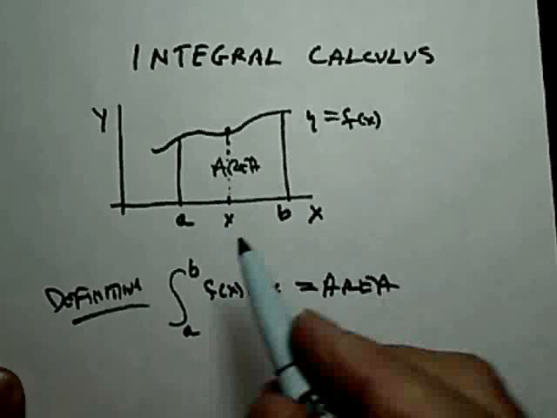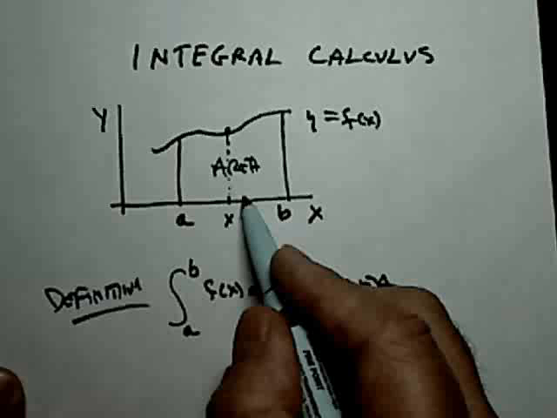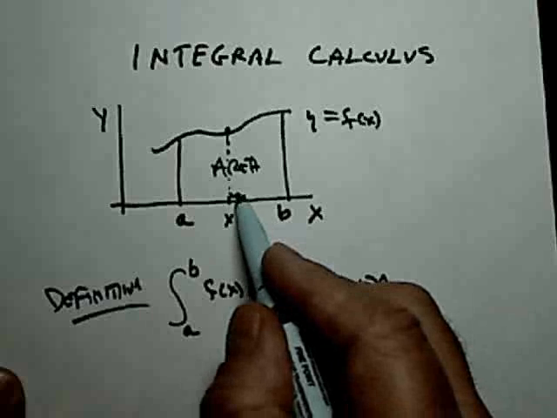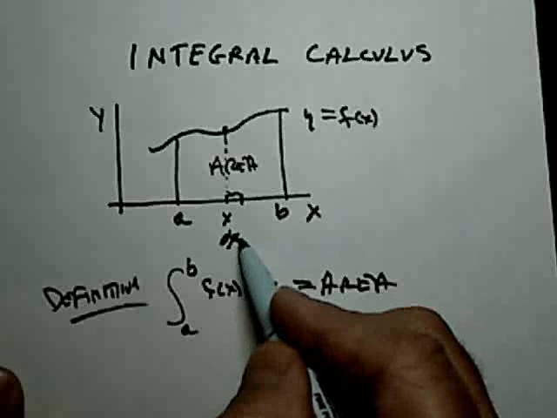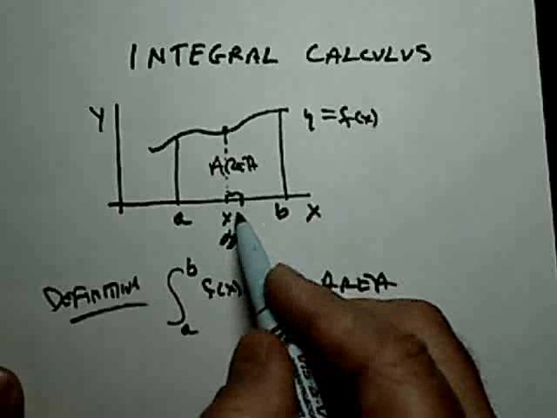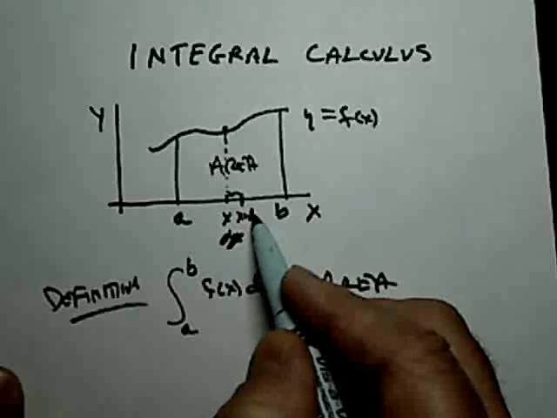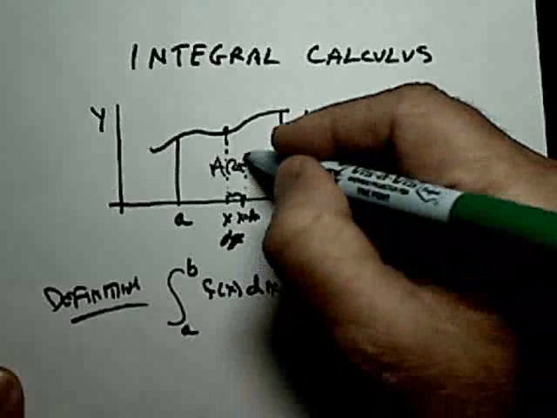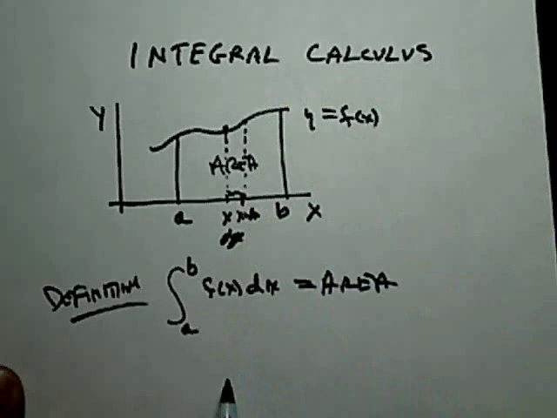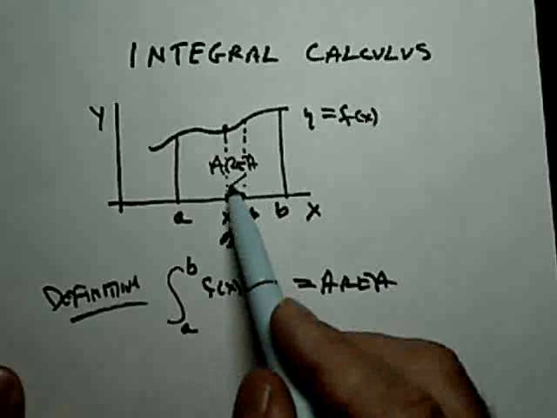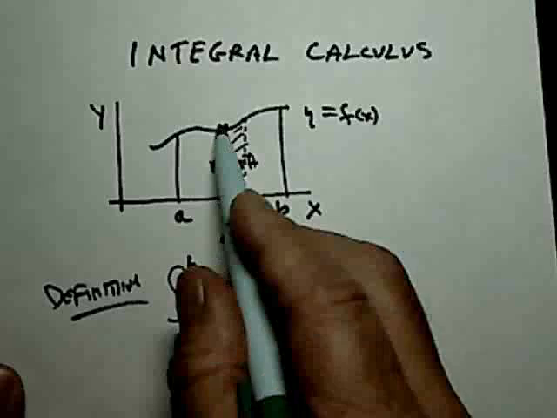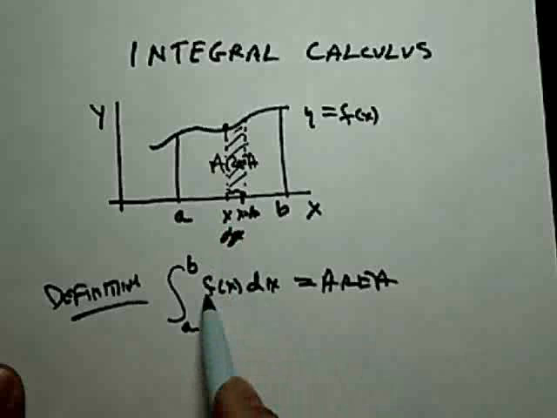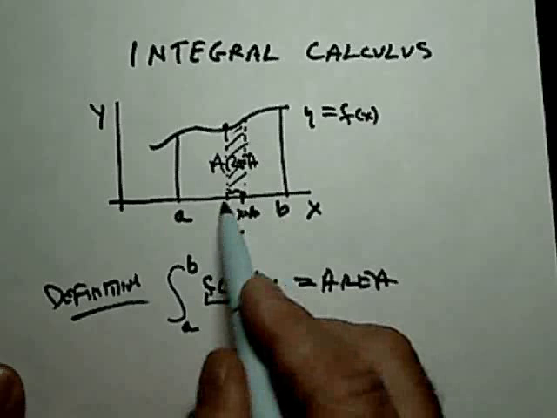Now let's say we went out a very small distance here. We'll call this small distance dx. And so this then becomes x plus dx. And then we go up and we look at this rectangle. What would be the area of this little rectangle? Well, its height is f of x, and its width is dx.